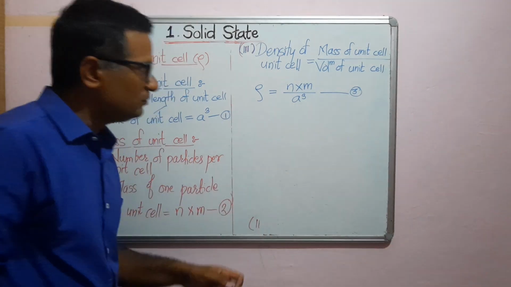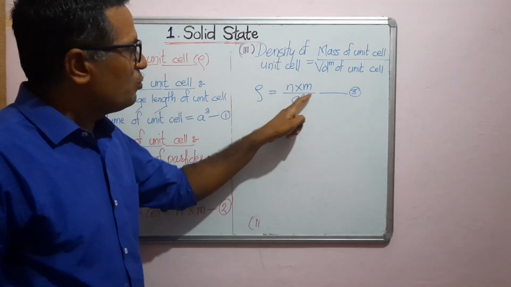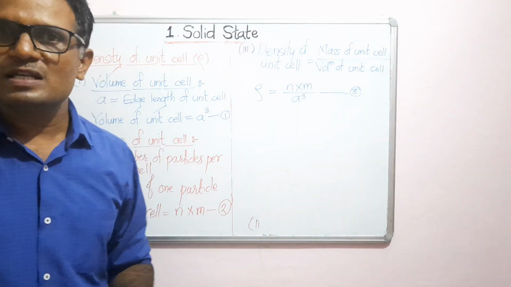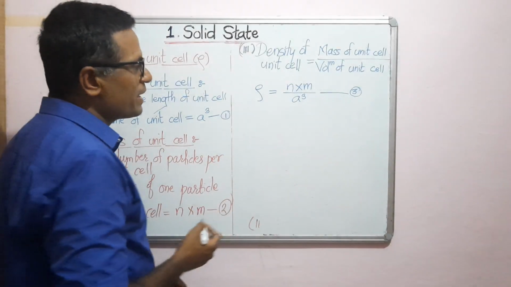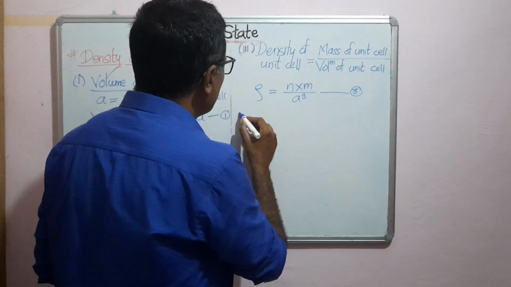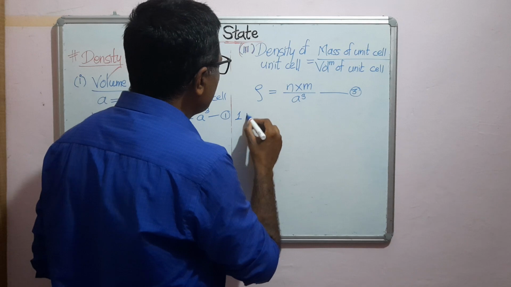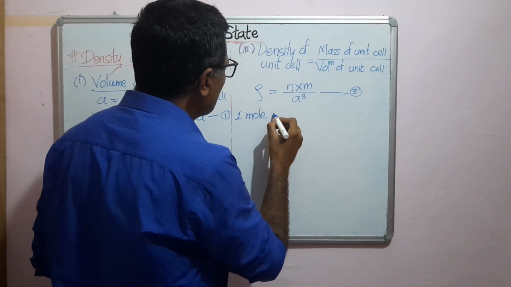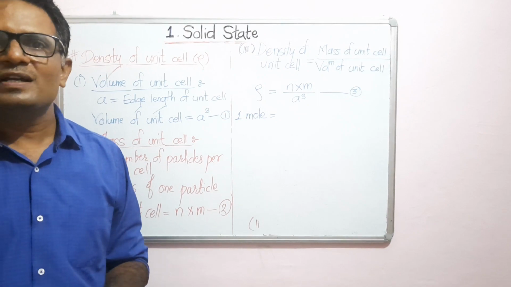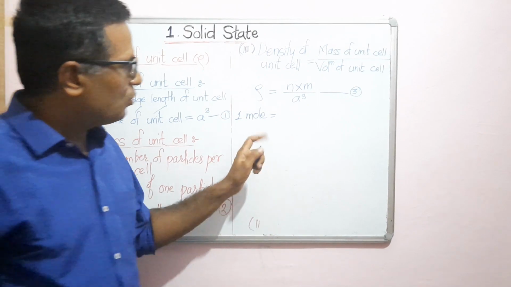Now we will find how to get the mass of one atom or one particle in the unit cell, and for that purpose we will use the mole concept. What is the mole concept? Because m is the mass of one atom or one particle, how do we find that mass?